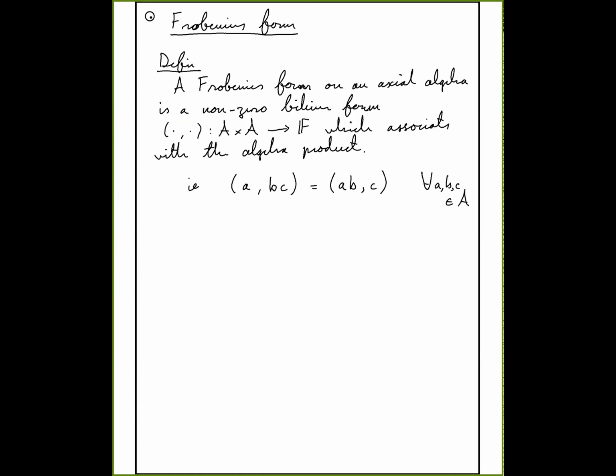I should also say that although this is an additional property, we don't assume it in the definition of an axial algebra. All the axial algebras we know have a Frobenius form. This is one of the things we'd very much like to be able to prove. If you could prove that all axial algebras, or even certain classes of them, have a Frobenius form, we know it for some classes, but for others we don't, that would be a very good result. Okay, thank you very much.